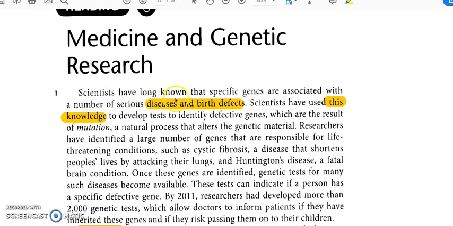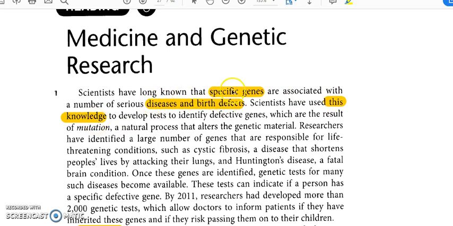Scientists have long known that specific genes are associated with a number of serious diseases and birth defects. So we have diseases and birth defects, and we also have specific genes. Scientists have used this knowledge, what knowledge?